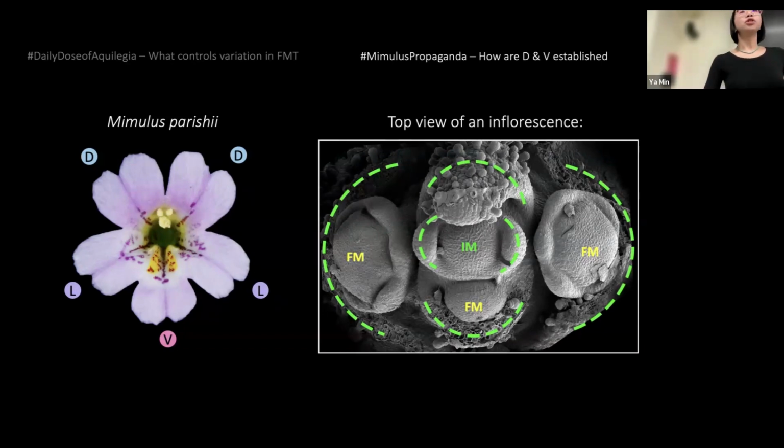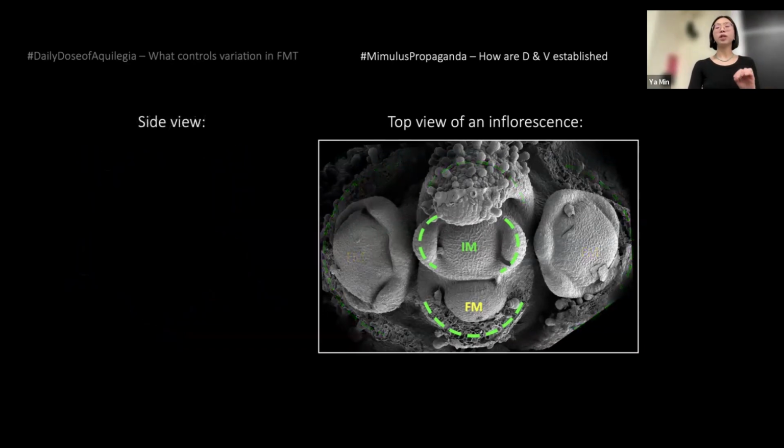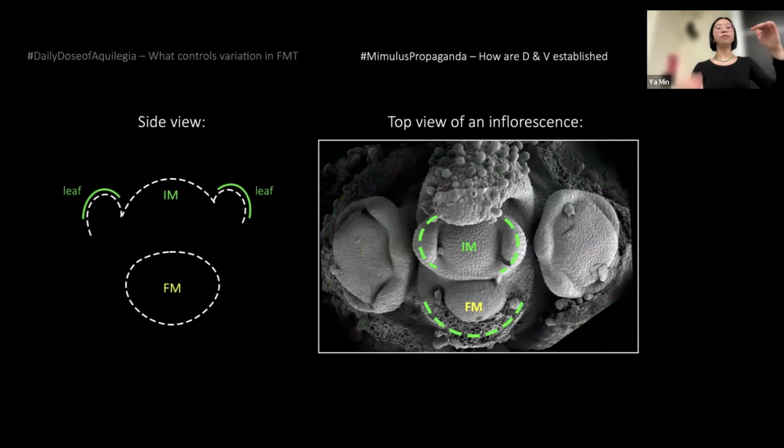In a second, I will show you a bunch of propaganda images corresponding to the topmost part of this SEM, so that we'll have an inflorescence meristem flanked by 2 leaves, and below it, a floral meristem with its dorsal and ventral domain division, okay?